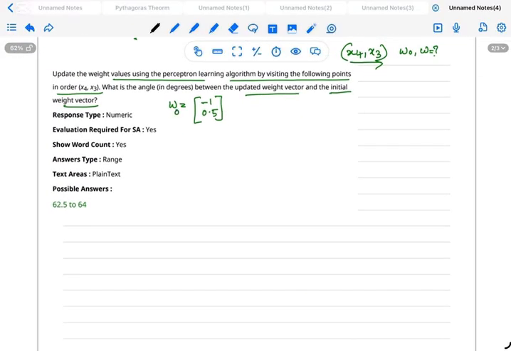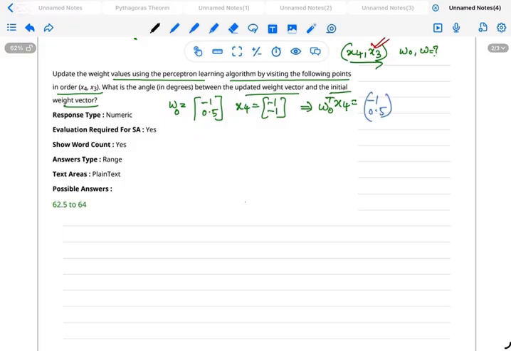So in this question, W0 is the initial weight vector, and x4 equals -1, -1. So we find W0 transpose x4. That is, we are predicting the given data point.